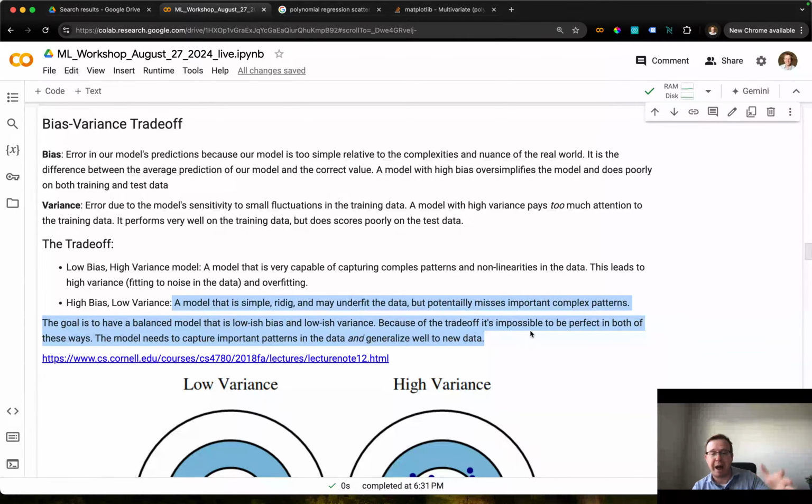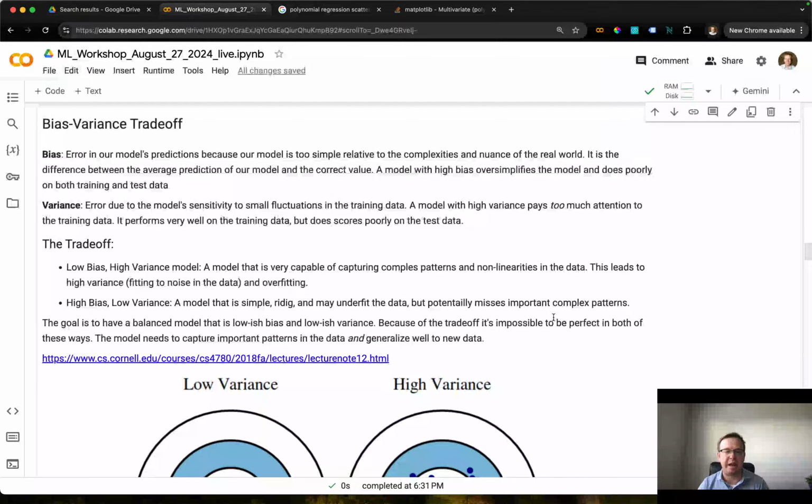The goal is to have a balanced model that has low-ish variance and low-ish bias. We don't want an extreme in either one of these. That's why there's this push and pull, this trade-off, right? Because of the trade-off, it is impossible to be perfect in both of these ways. The model needs to capture important patterns in the data and generalize well to new data. Okay? Very slight tangent.